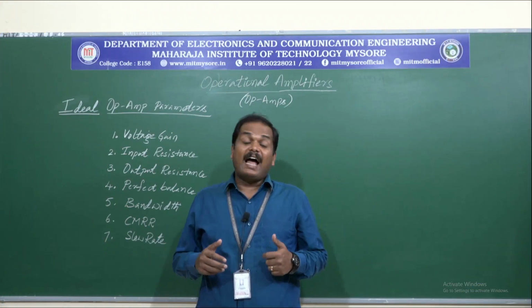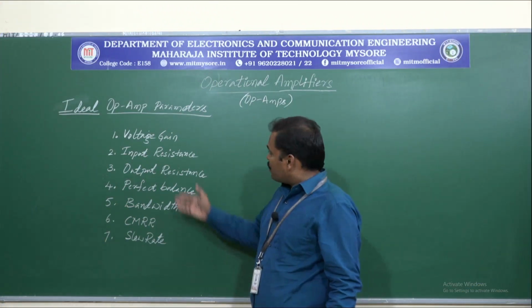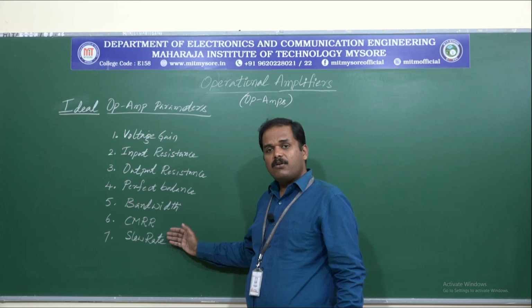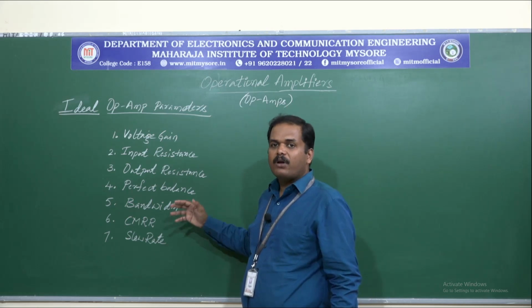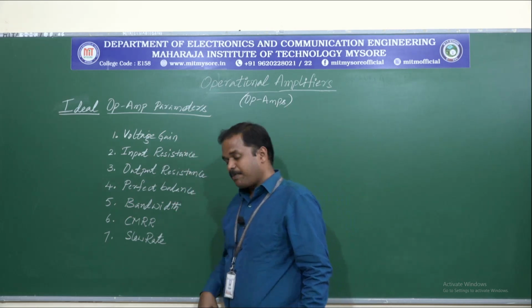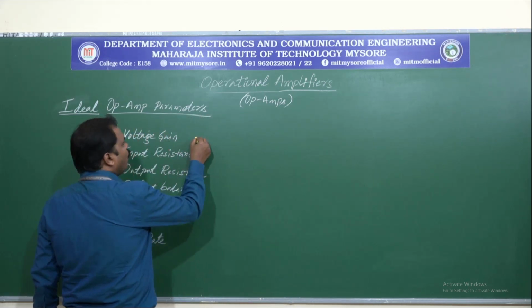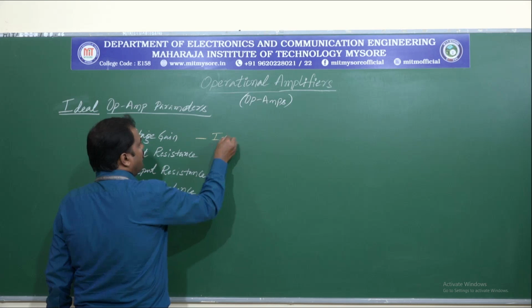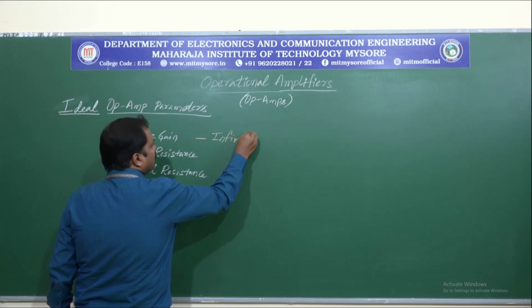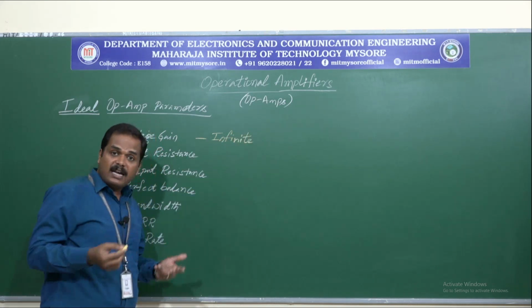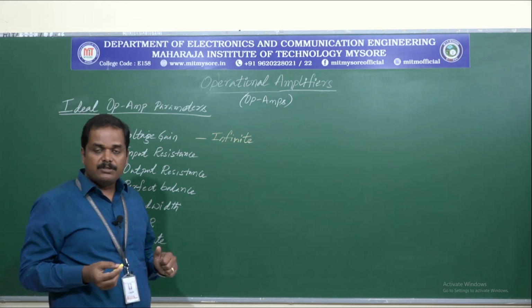Next we'll understand the ideal op-amp parameters. Here you can see a list of parameters considered for an ideal op-amp. The very first parameter is the voltage gain, and for any ideal op-amp, voltage gain is considered to be infinite, which is not desirable for practical applications.